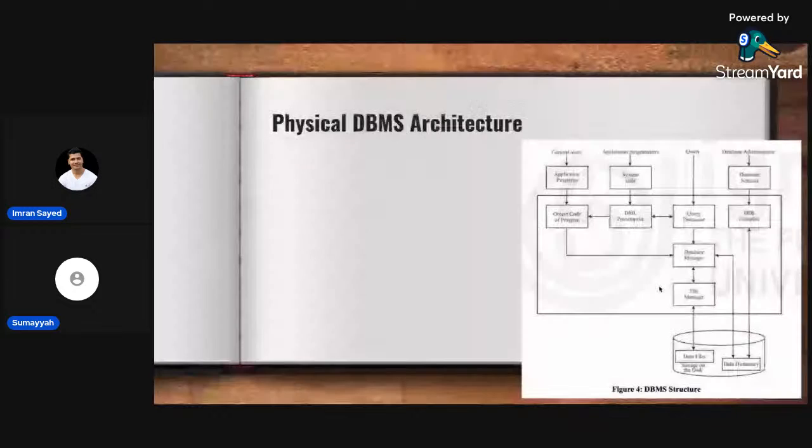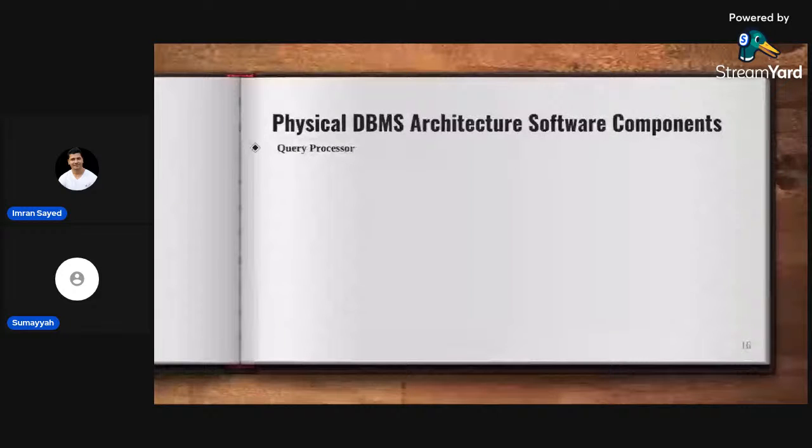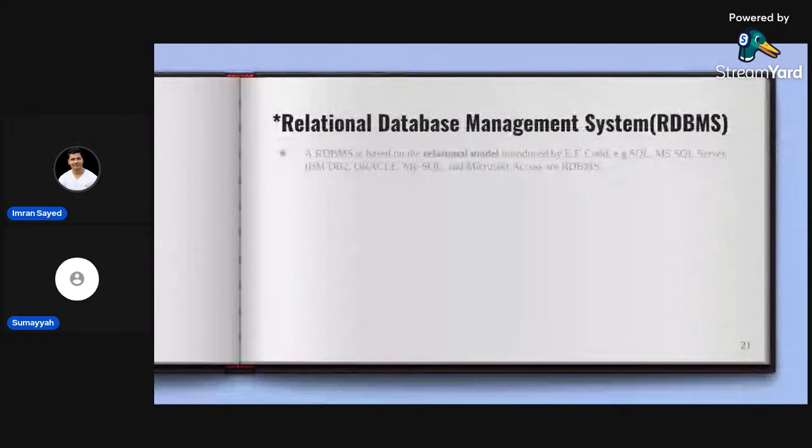Moving on. I'm not going to go through this boring stuff. Okay, relational database management system. Go ahead and read this. RDBMS is based on the relational model introduced by E.F. Codd. For example, MS SQL Server, IBM DB2, Oracle, MySQL, and Microsoft Access are RDBMS.